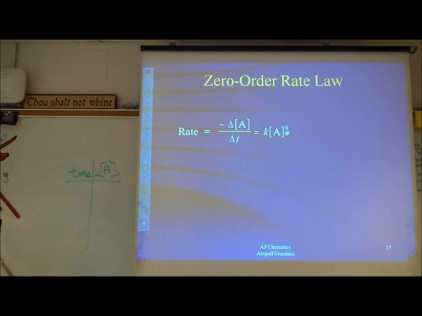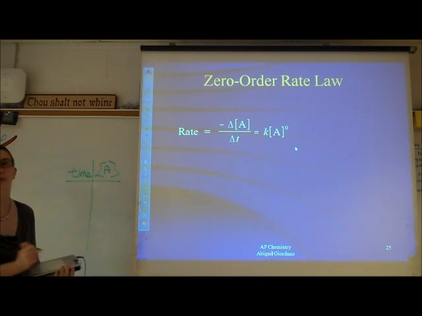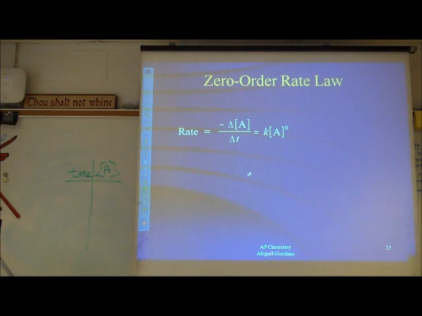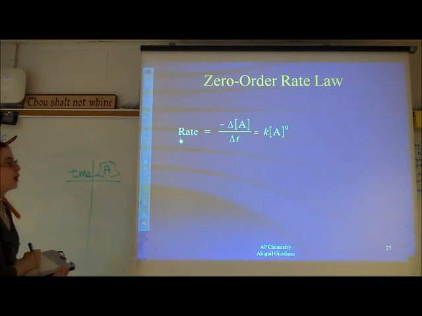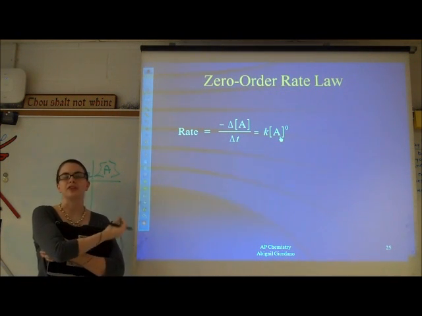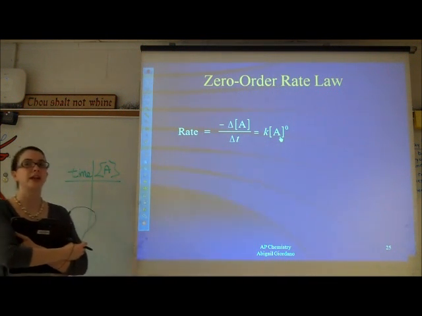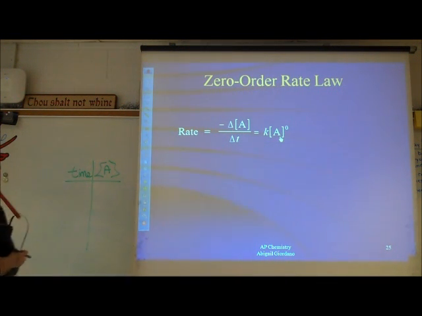If something is zero order, what's something raised to the 0 power? 1. How could you write this rate law in a much simpler way? Rate equals K. If rate equals K, what are the units for K? Molarity over time. There you go.